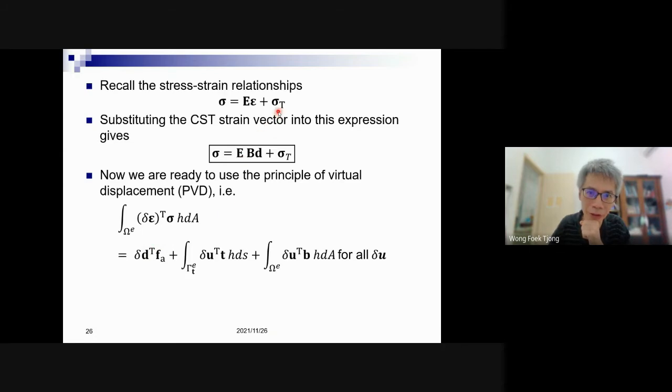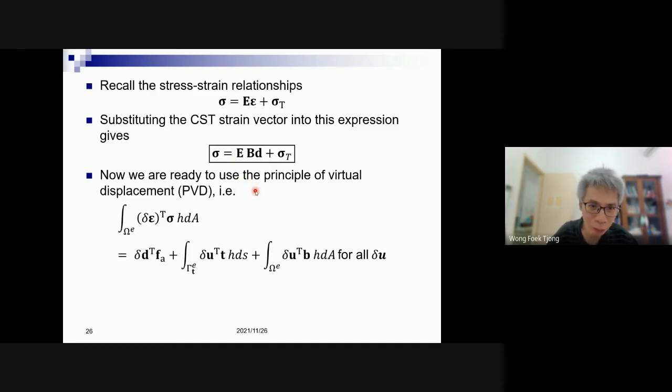We also have sigma T, the stress due to temperature effect. Of course, this depends on whether the problem is plane strain or plane stress. So B doesn't depend on plane strain or plane stress, but the stress itself depends on the problem. Okay, we have this one.